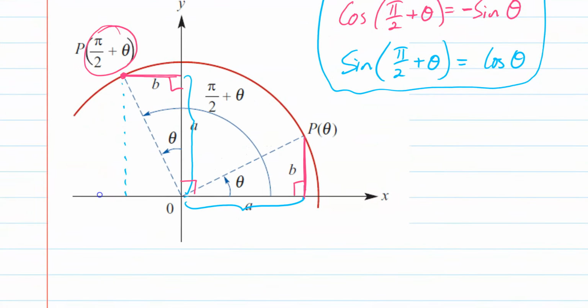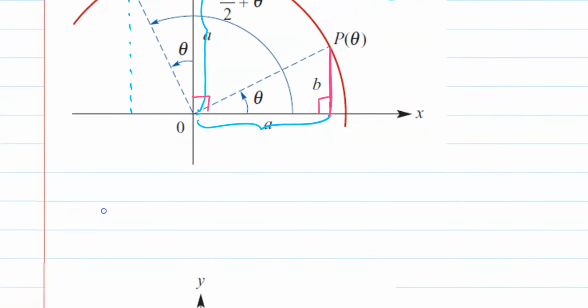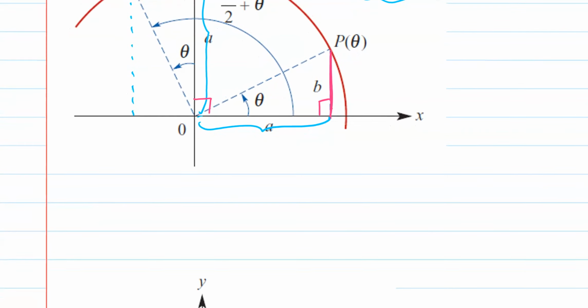Let's have a look at a couple of examples before we move into the Pythagorean identity. So let's say we've been given sine theta is equal to 0.6.